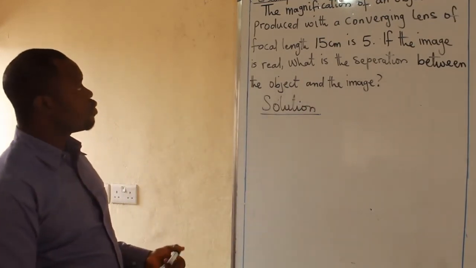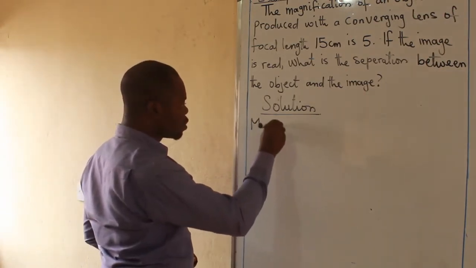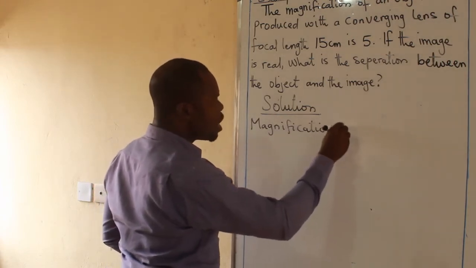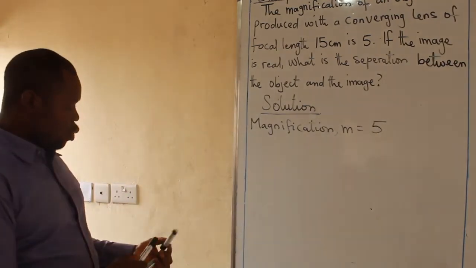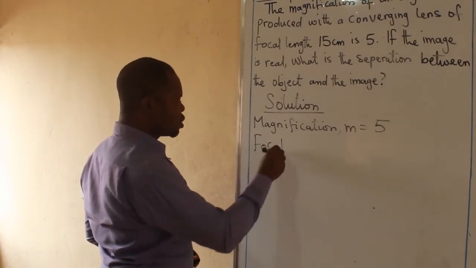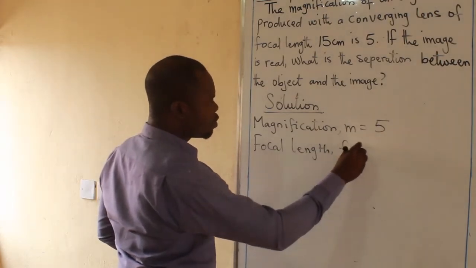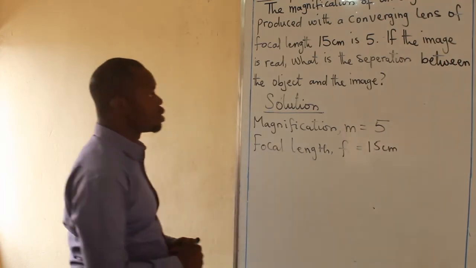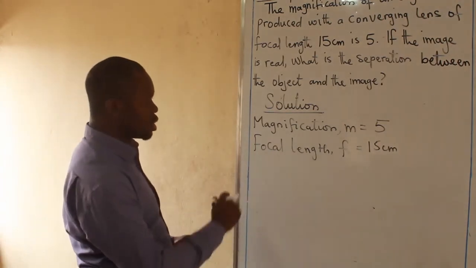We're given magnification M equals 5. We're given the focal length F equals 15 centimeters. We're asked to find the distance.